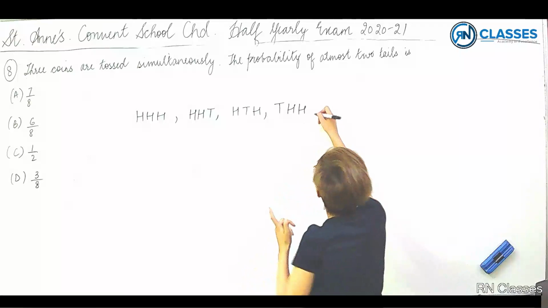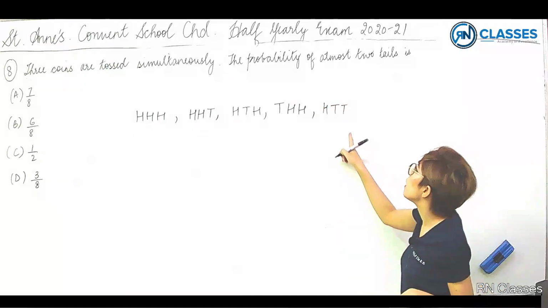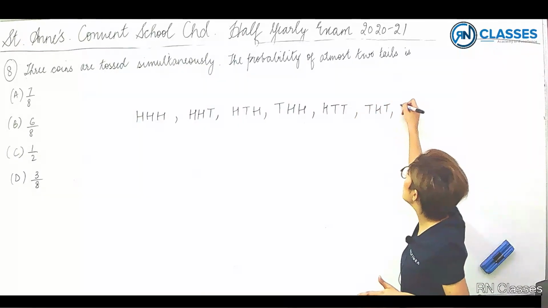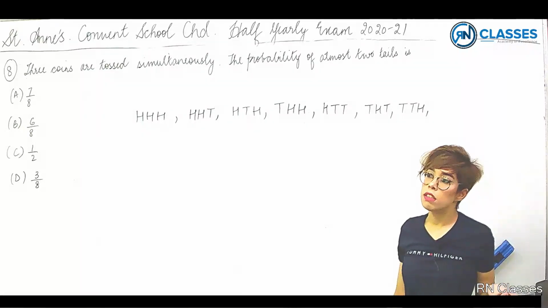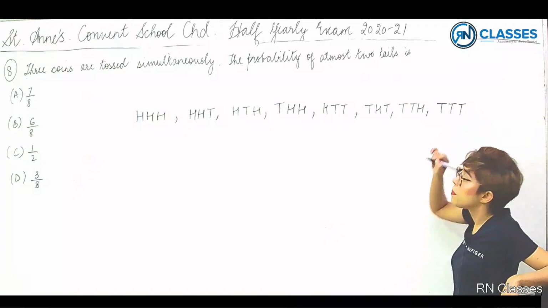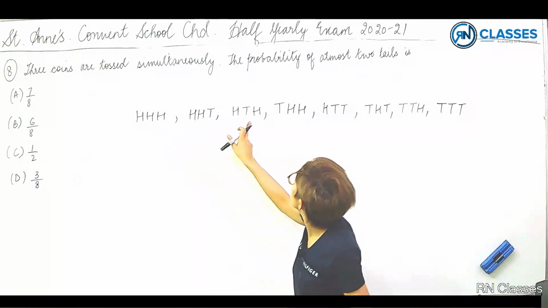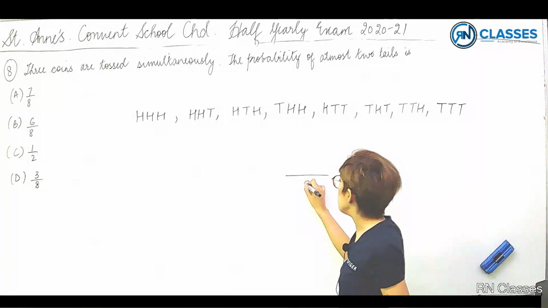So next is 1 head is occurring and 2 tails are occurring. Right? So different arrangements. So I can write this as H, T, T and then T, H, T and T, T, H. Right? And last but not the least, that is all 3 are tails. Right? How many possible outcomes? 1, 2, 3, 4, 5, 6, 7, 8. Right? 8 are possible outcomes.